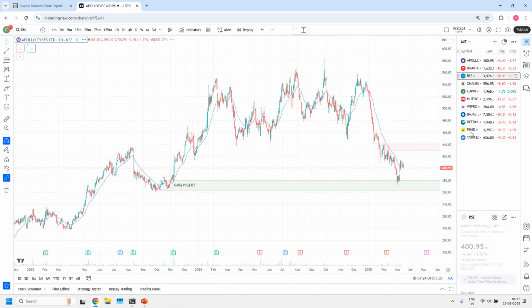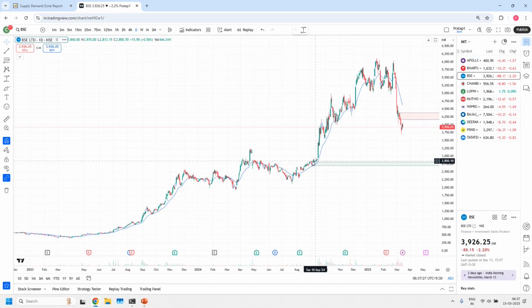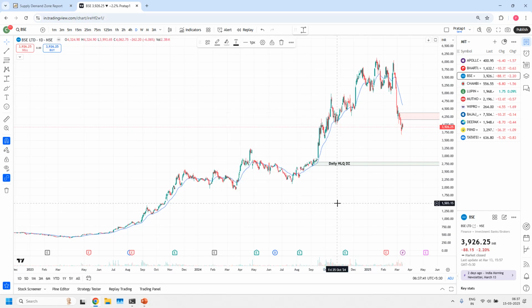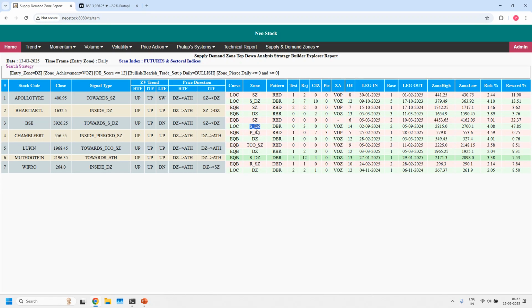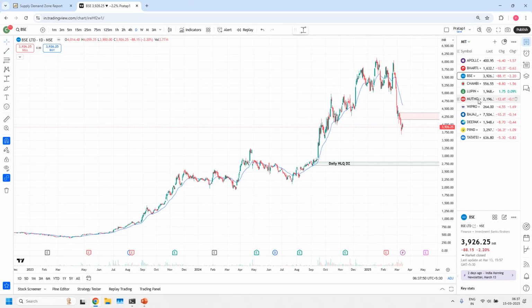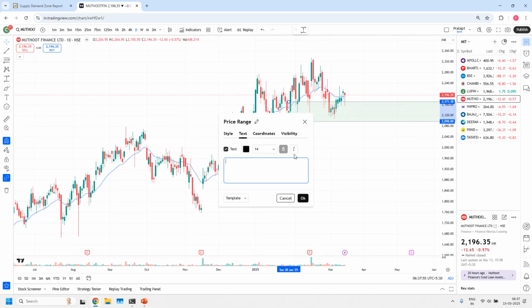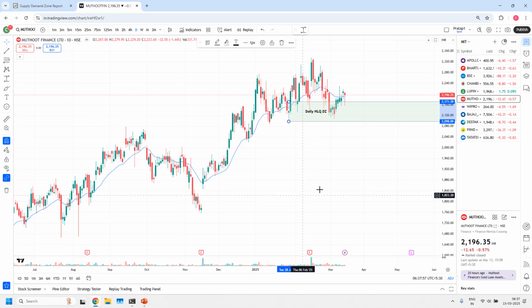Let us open BSE, and here also let me add the text. This is a daily high liquidity demand zone. Let me copy. Okay. And what is the next stock? We have a high liquidity demand zone, the all-time high demand zone, in Muthoot Finance. Let's go to Muthoot. We have only one demand zone here.